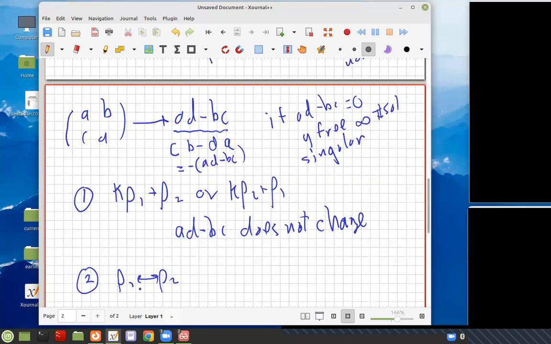So if I interchange the two rows, AD minus BC changes sign.